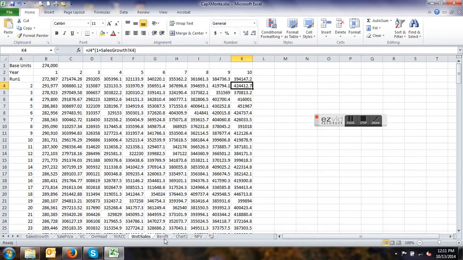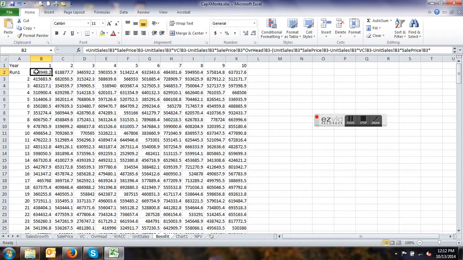In terms of calculating the benefit, I'm taking unit sales times the sales price, which is random for each period, minus unit sales times variable cost, which is random, minus unit sales times sales price times the random overhead value.